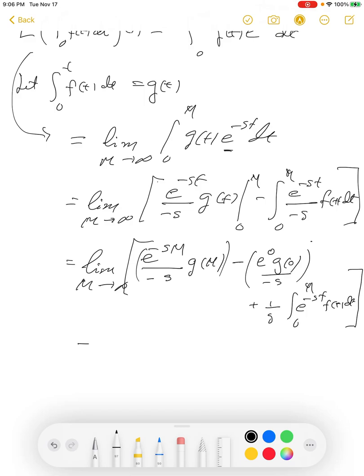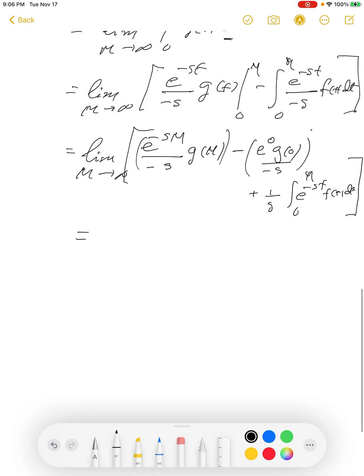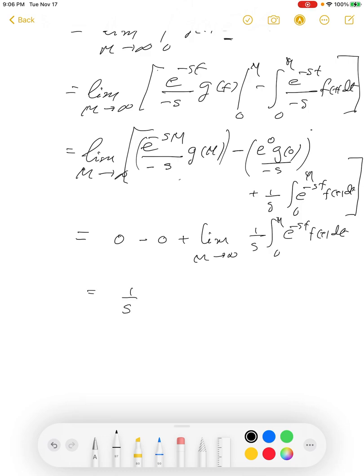Now note that g of 0 is 0, and this limit tends to 0, so you will get 0 minus 0 plus the limit as m tends to infinity of 1 over s times the integral from 0 to m of e to the minus st f(t) dt. But that's exactly, 1 over s comes out, and that's exactly the Laplace transform of f. So the Laplace transform of the integral of f is 1 over s times the Laplace transform of f. So this proves 3.